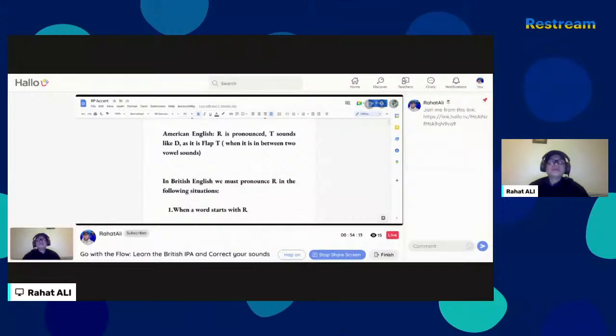However, our main focus is to give insights about the RP or modern RP. And RP stands for received pronunciation. And why received pronunciation? This is the most standard British English.